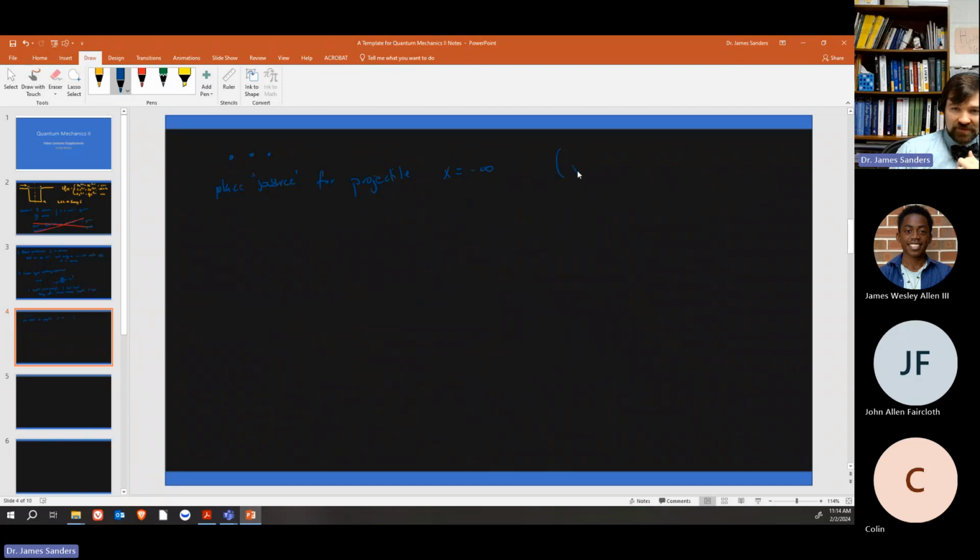So basically this is x source approaching minus infinity. In other words, the source is somewhere over here and it just comes in from the left. If that's true, then this term, a e to the i k1x, has to represent the incoming particle.